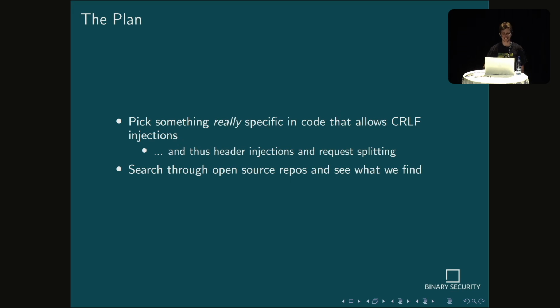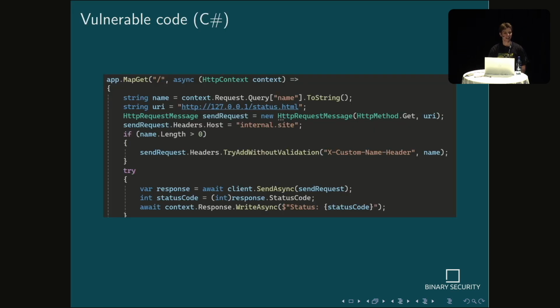OK. Here's the vulnerable code. From this point onwards, we have specialized to C#, because why give yourself too broad of a scope, right? The code you can see on the screen is the code used for the endpoint in my basic demo site, which you saw a little while ago. This isn't terribly interesting. It's just defining a URI it's going to talk to.